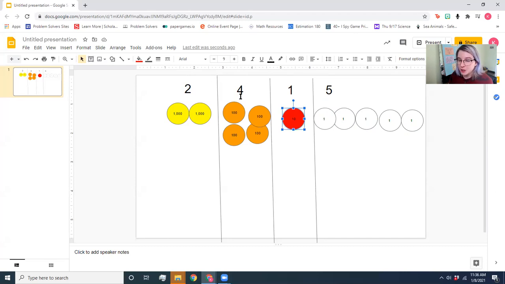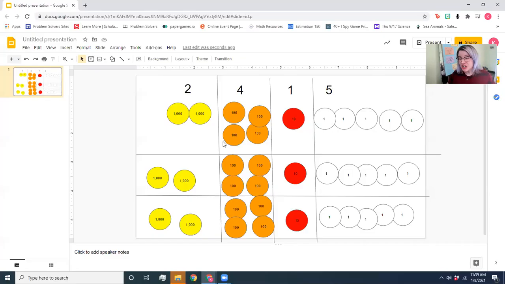In the hundreds place, we have 4 hundreds. 1, 2, 3, and 4. And in the thousands place, we have 2 thousands. 1 and 2. So what does that look like when we multiply this by 3? Let's find out. Bam! Suddenly we have that same number represented 1, 2, and 3 times.